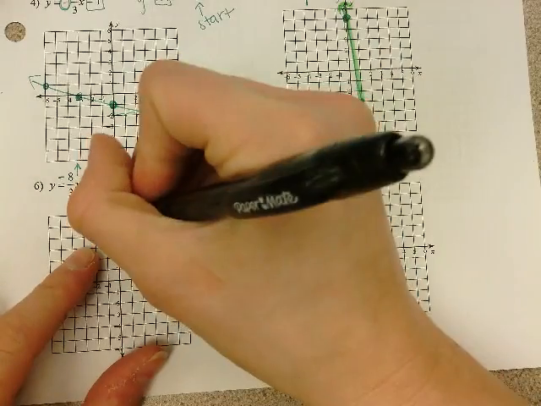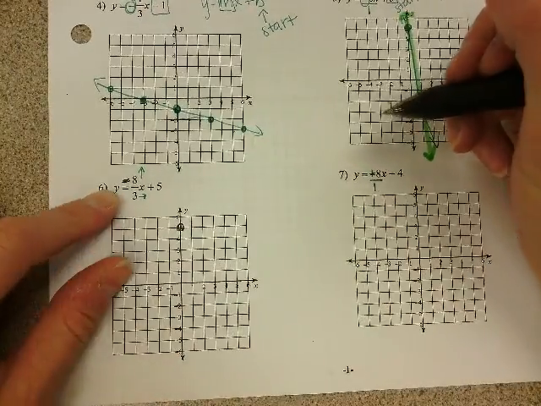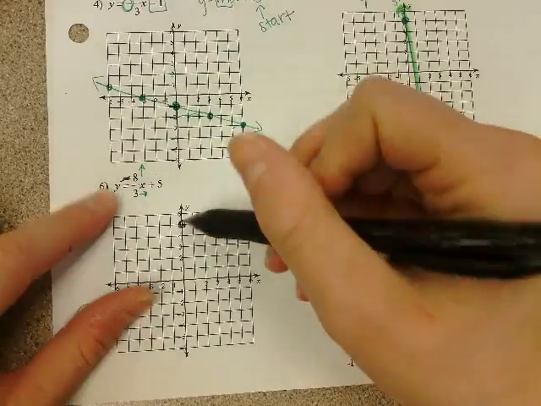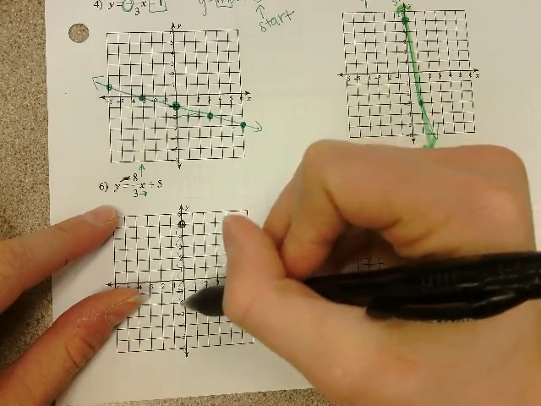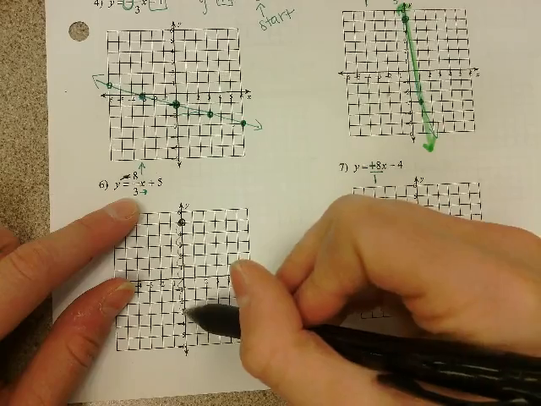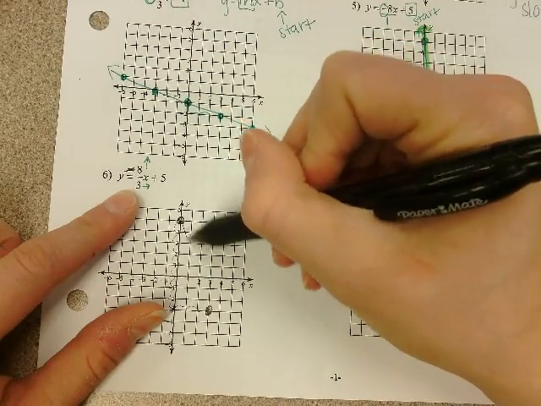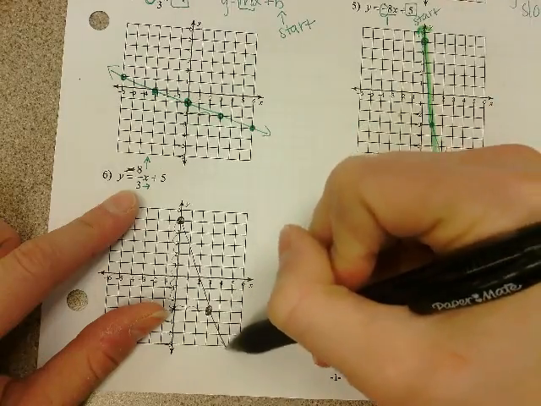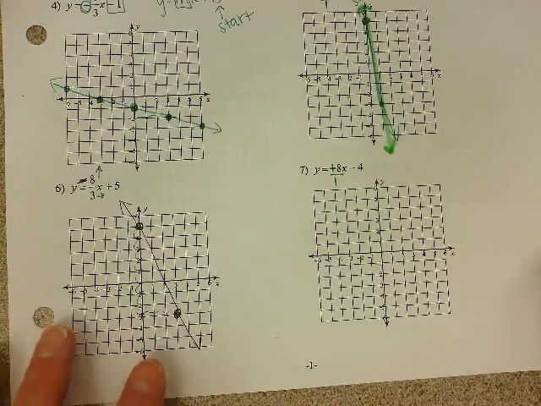So I have 5, and we changed it to negative so we could graph it. So down 8, 1, 2, 3, 4, 5, 6, 7, 8, and then right 3, 1, 2, 3. All right, how do we do on that one? We do okay? Yeah. Cool.